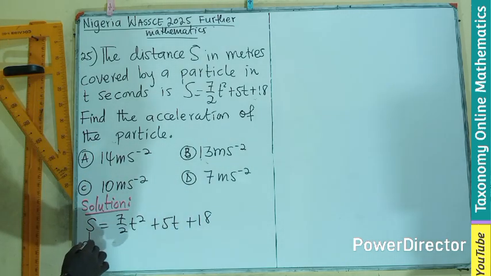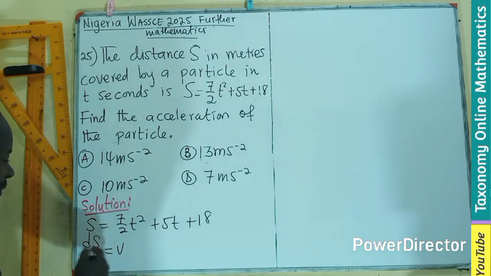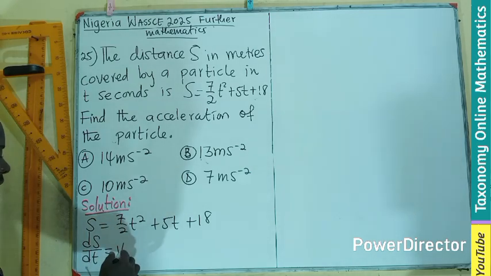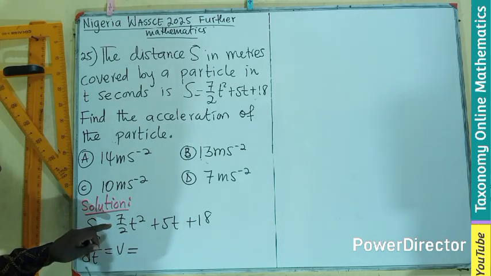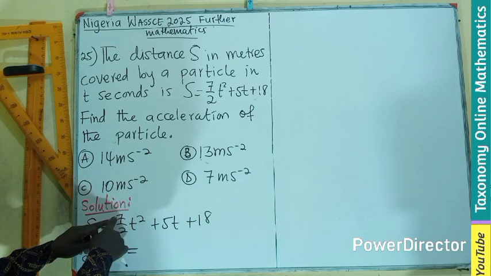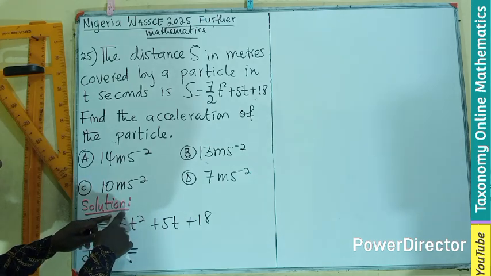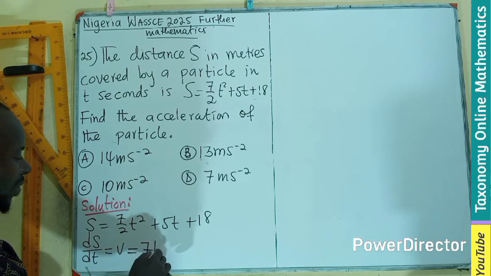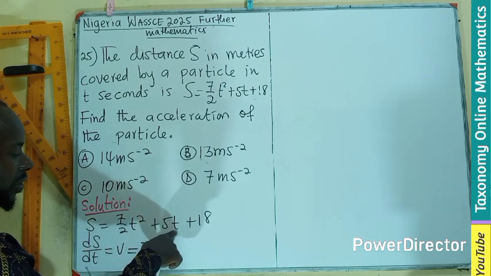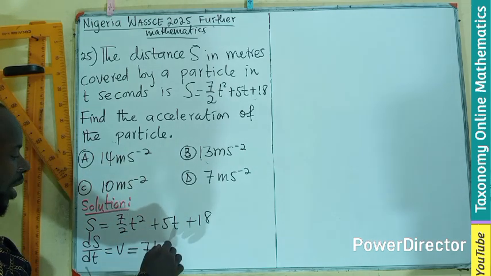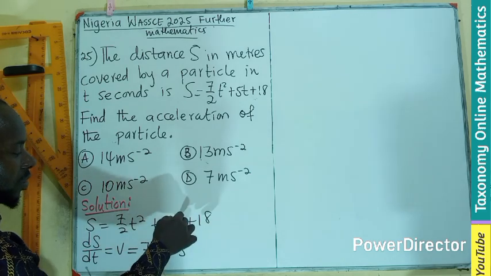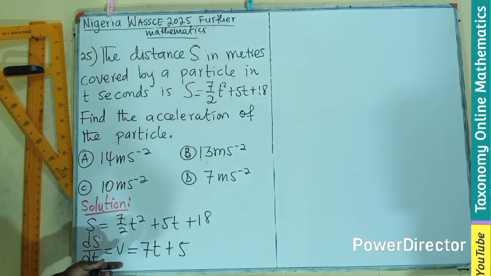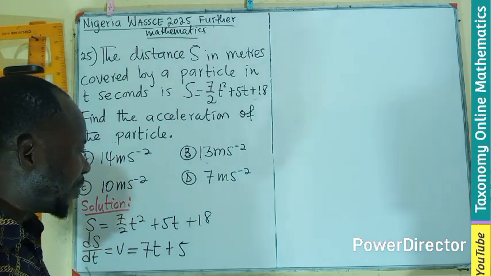If I find ds/dt, that is the velocity, v, and the velocity will be equal to, if we differentiate this, the 2 comes down to multiply, so 14 over 2, that will still be 7. Subtract 1 from the power, t will be there. This is 1 as a power, multiplying this. Plus 5, the 0, this will become 0. So this is the velocity, which is going to be in meters per what?